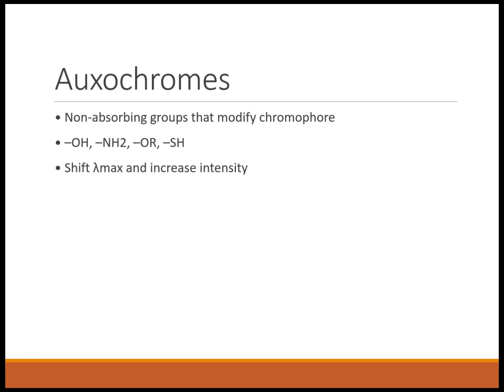Now we will discuss the oxochromes. Oxochromes include hydroxyl groups, amino groups, sulfide groups that do not absorb strongly on their own, but they influence chromophores by donating or withdrawing electrons.